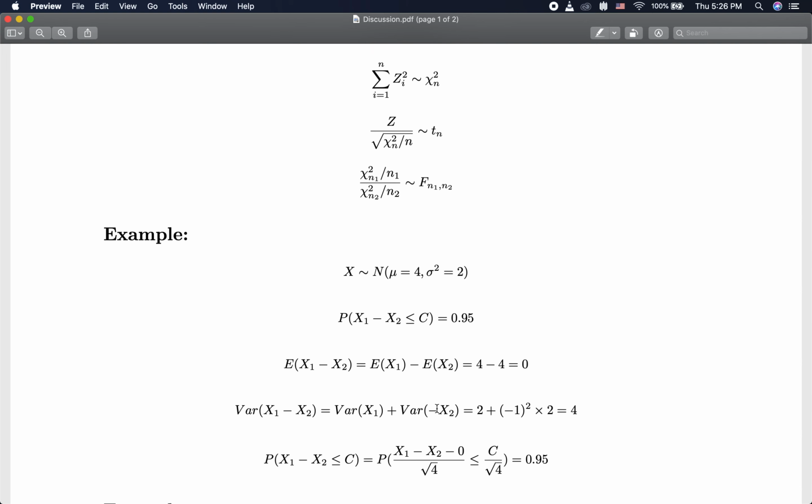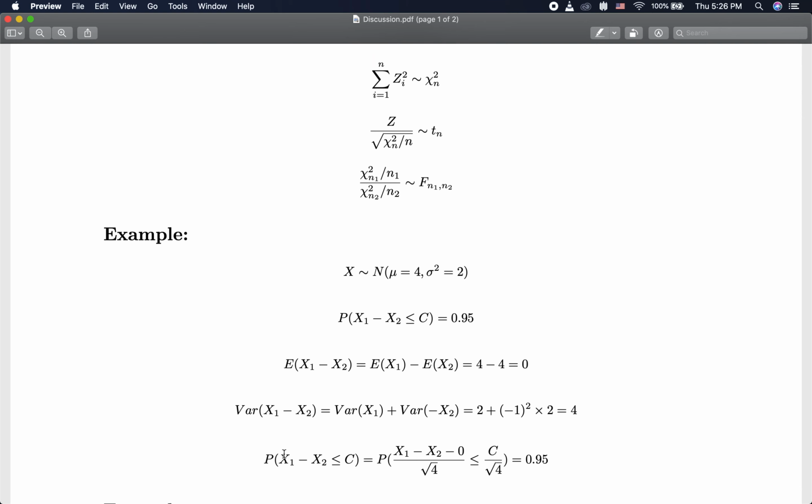The minus 1 moved outside the variance has to be squared, so negative 1 to the power of 2 becomes a positive 1. The variance of x1 is 2, and the variance of x2 is also 2, so 2 plus 2 is 4. So the distribution of x1 minus x2 follows a normal distribution with mean 0 and variance equal to 4.